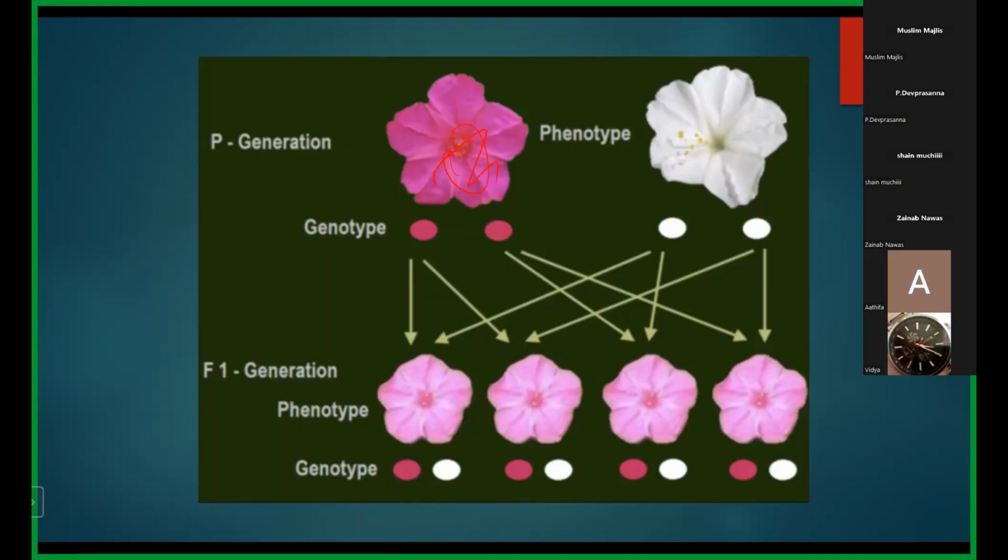This is known as incomplete dominance, where the parental generation shows two different colors, which are not expressed in the heterozygous state. They are only expressed in the homozygous state. So the intermediate phenotype results from flowers of the heterozygous state having less red pigment than the red homozygote.